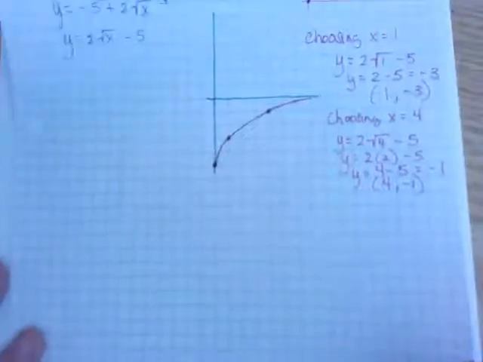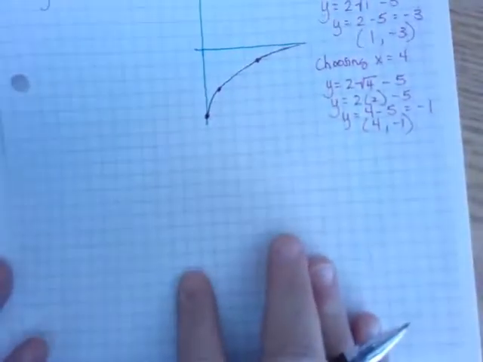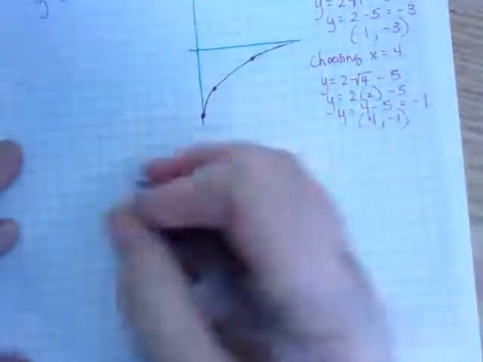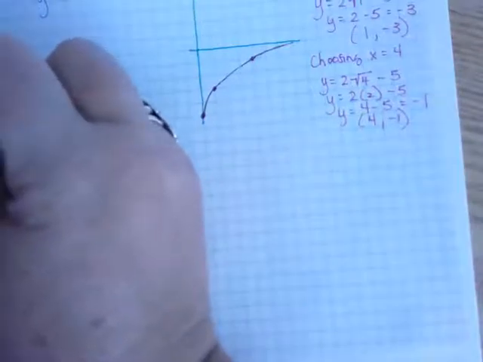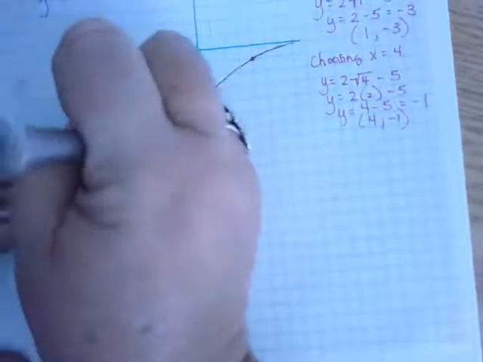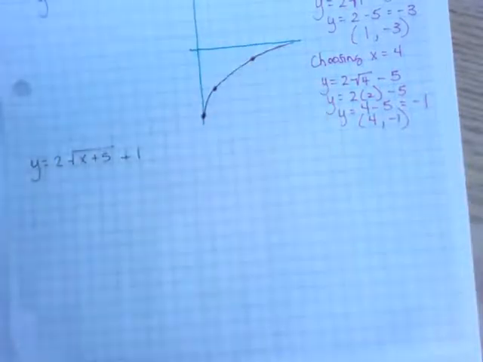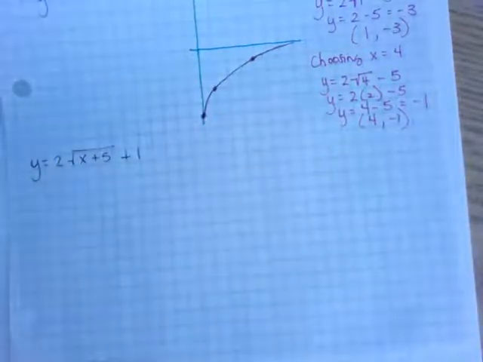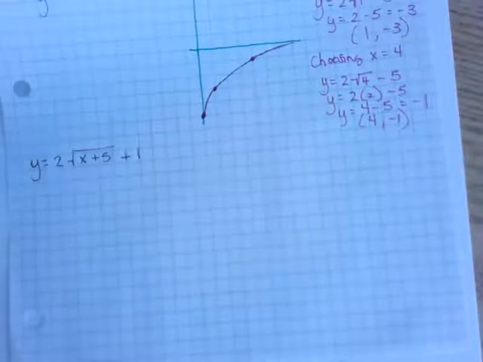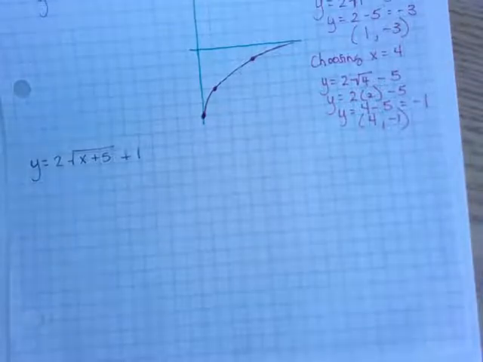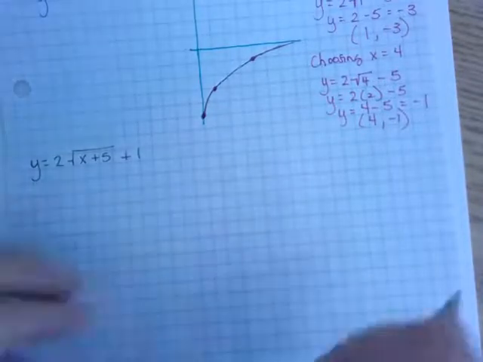Okay. For the second example, I want to use the equation y equals 2 square root of x plus 5 plus 1. So let's get an x and y axis on here.